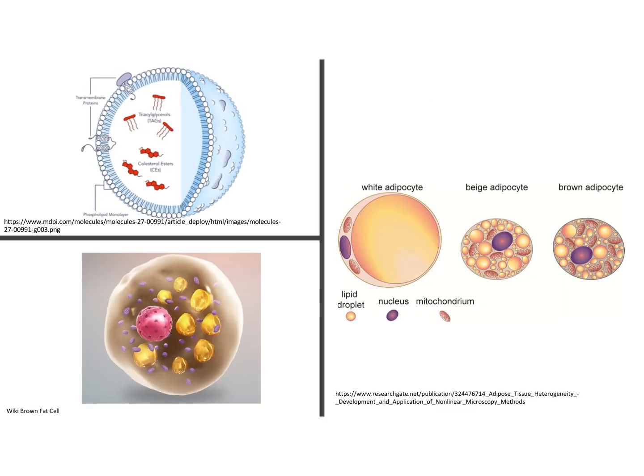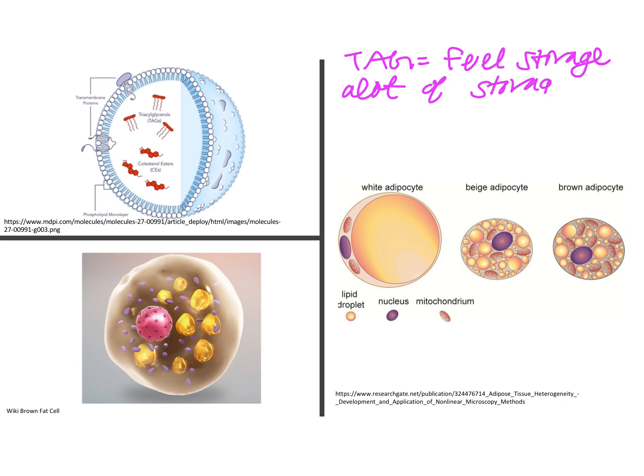All right. So let's go back to, again, just as a reminder of structure, function. So remember the TAGs, their function is to hold energy. They are the fuel storage. And in order to be able to do that, you need to get a lot of storage in a small space.